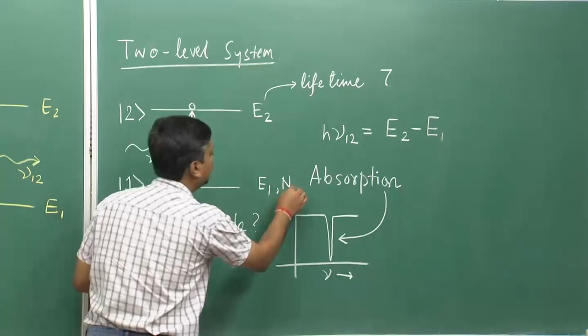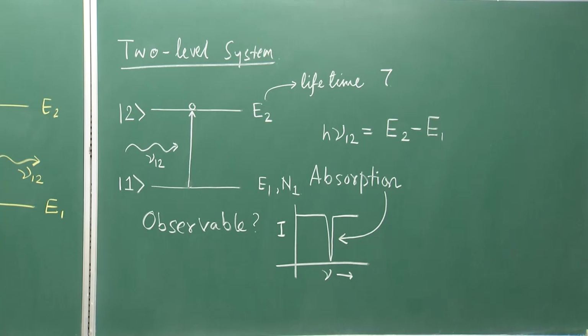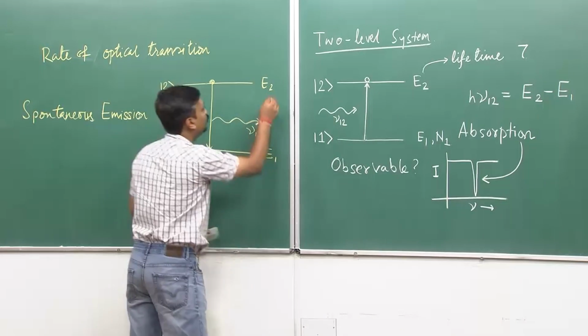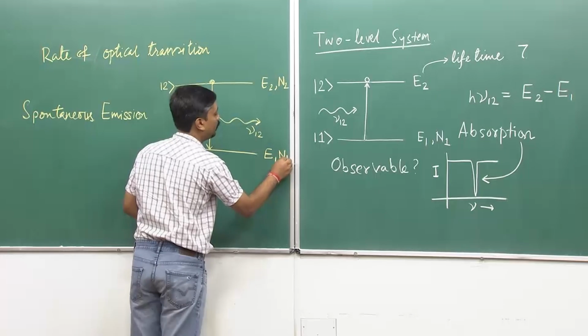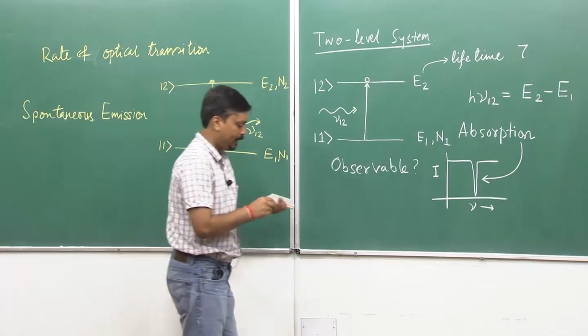So, if I say N1 is the population of ground state 1 and N2 is the population of state 2.